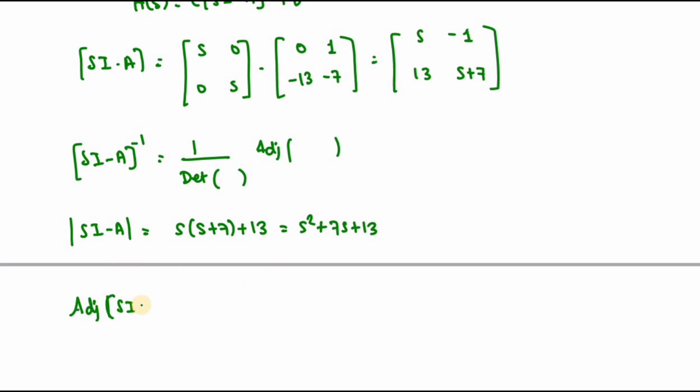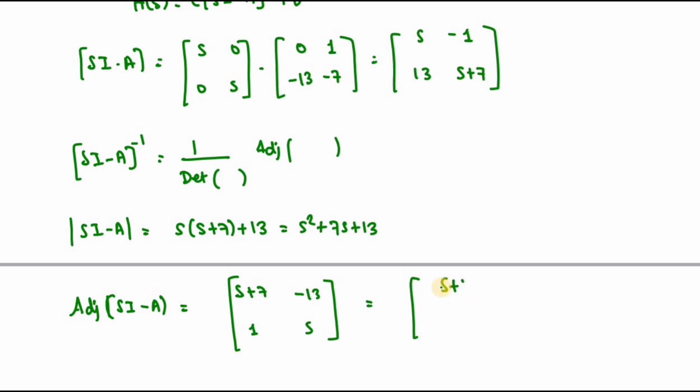So the cofactor of this one is s plus 7, and minus of this one is minus 13, and minus of this one is 1, then s. After that you have to take the transpose of this matrix. So horizontal entries you have to write vertically: s plus 7, minus 13, 1 and s.